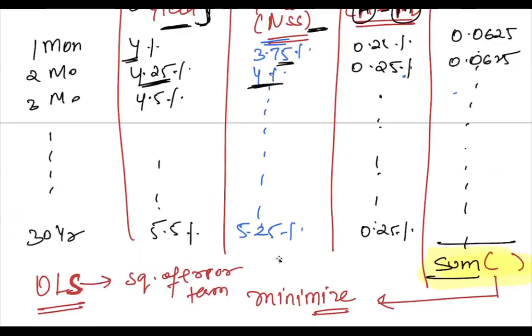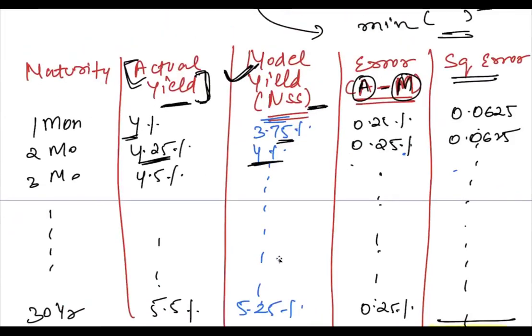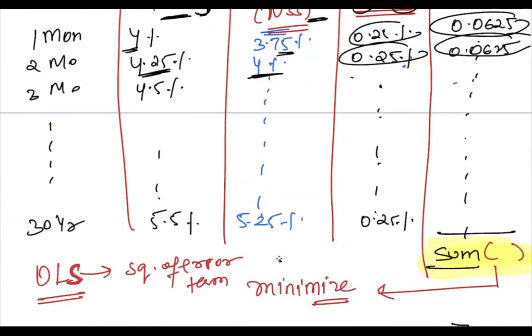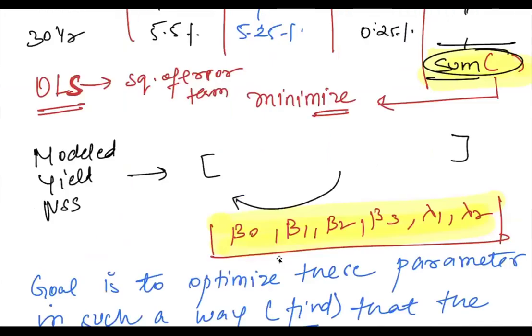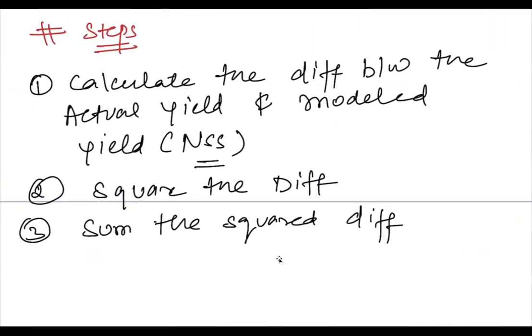So you first calculate this error term, then you square this error term, and then you take the sum of it, the sum of this square error.